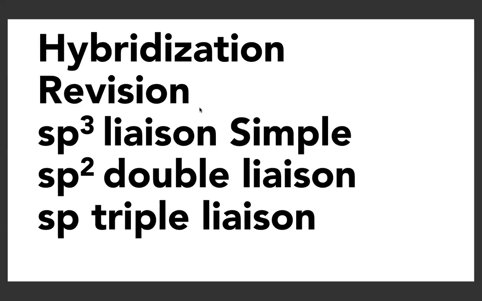Hybridization is basically the build-up for everything we're going to be doing in organic chemistry. It forms the basis of all organic compounds. Talk about compounds like benzene, naphthalene, ethyl propanoate.